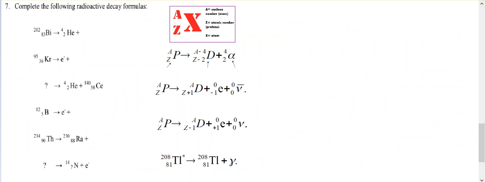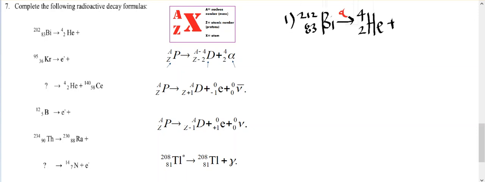So if we were to use this practice problem as an example, we would say that the first one is bismuth undergoing alpha decay. We know it is undergoing alpha decay based on the fact that a helium atom is present. So to conserve the nucleon number, we will take 212 minus 4 and get 208.